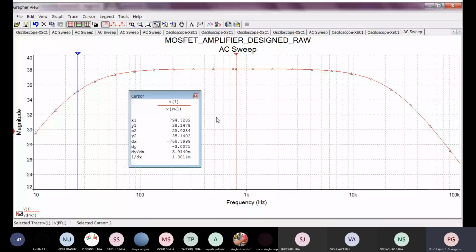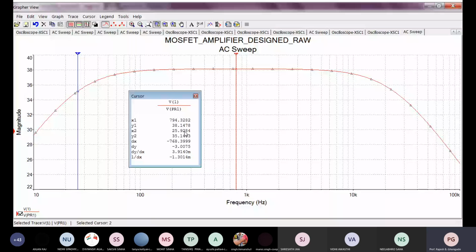Then you can read off the value from the X axis, X2 as 25.92. So I'm getting slightly less bandwidth, lower frequency response. We started with 20 Hertz, but it is actually giving me starting from 25 Hertz.